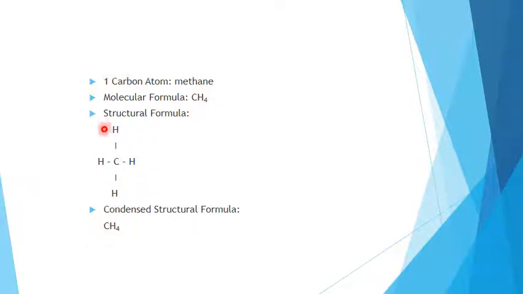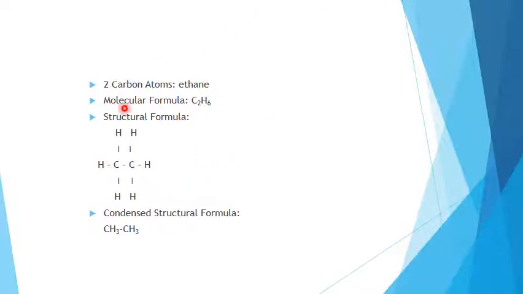One thing to notice here is carbon has 4 bonds, so the shape around this molecule is tetrahedral, and that's going to be important because all the center atoms of alkanes are tetrahedral.